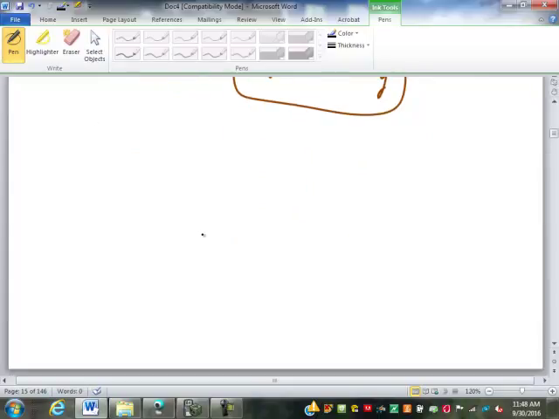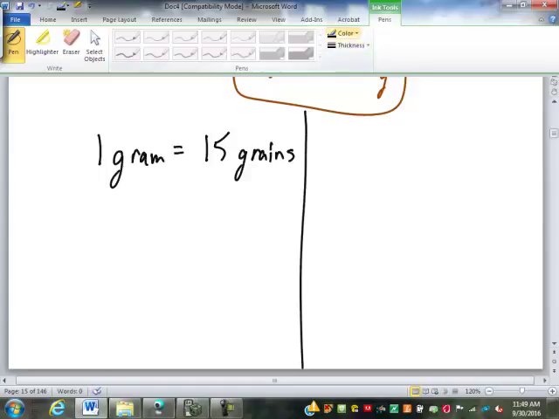I had mentioned a couple of things earlier. One is grains. Grains have been absorbed into the metric system. Not a neat absorption. Now for our purposes, 1 gram is 15 grains. This has kind of been widely accepted in medicine, that that is what we use. It's not really true.